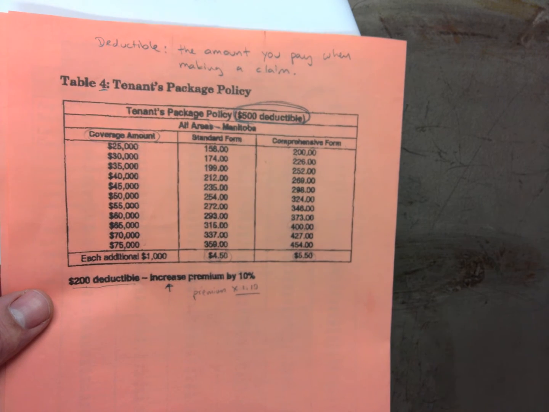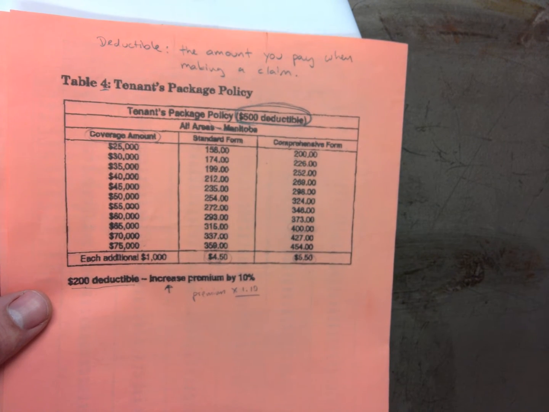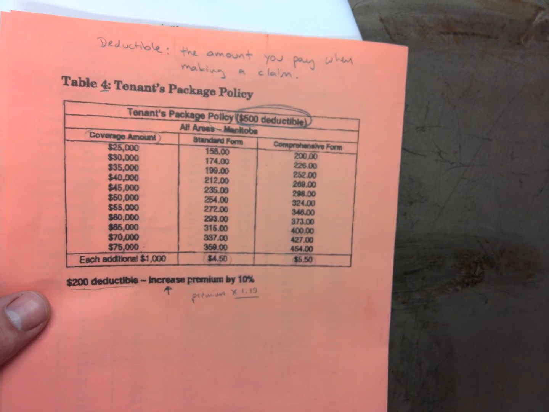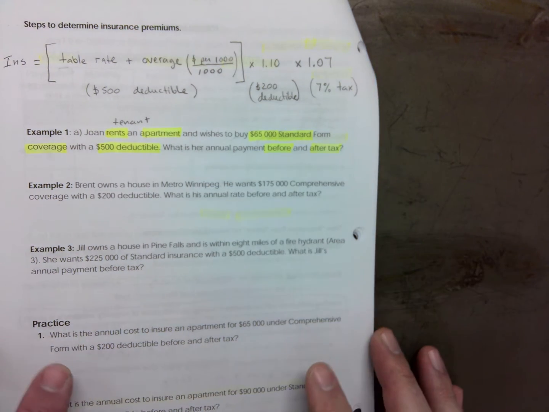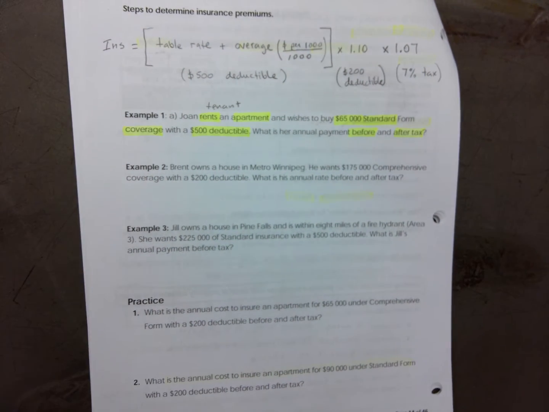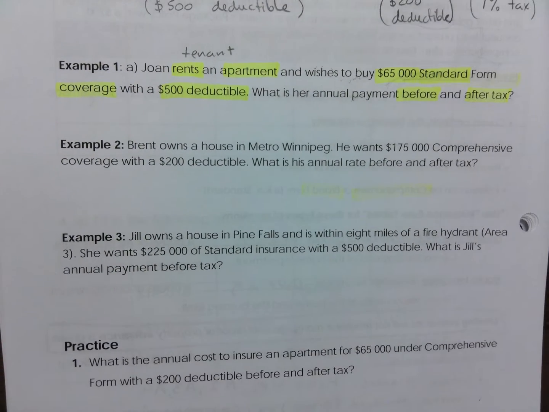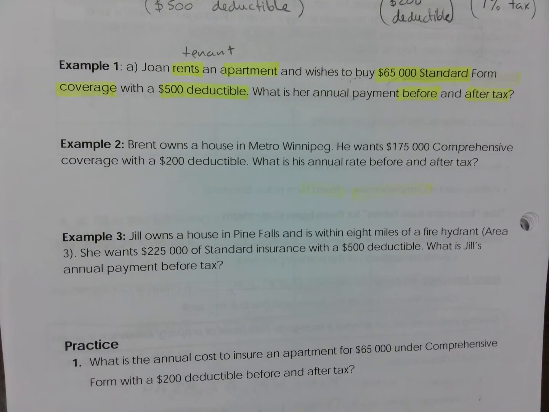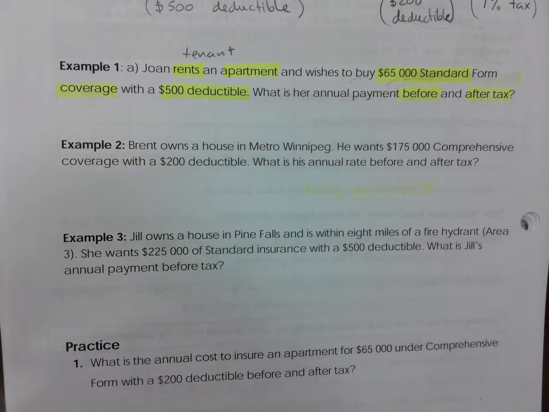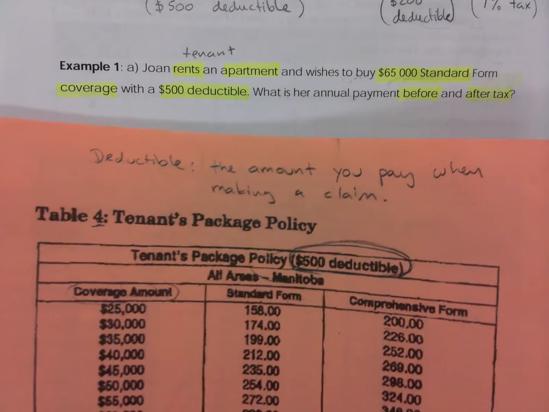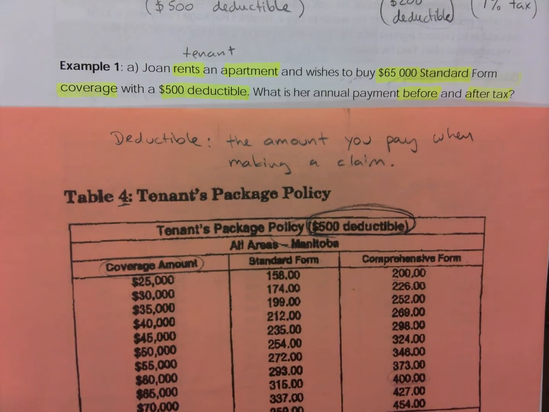So there we don't need to worry about the 4 areas, so the table is a lot smaller, okay? All right. Let's go back to this. Okay, so I know that it's tenant because it's renting. So I'm going to use that simple one, this one right here.